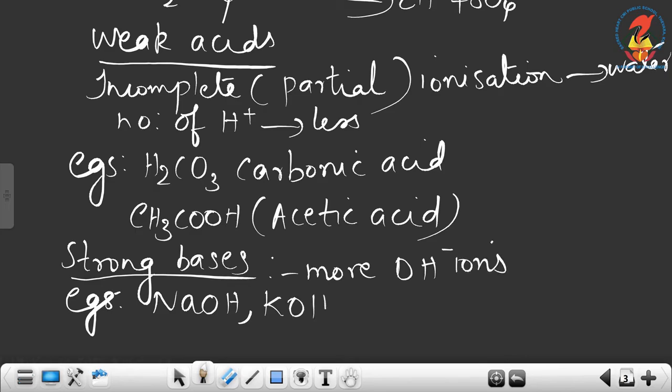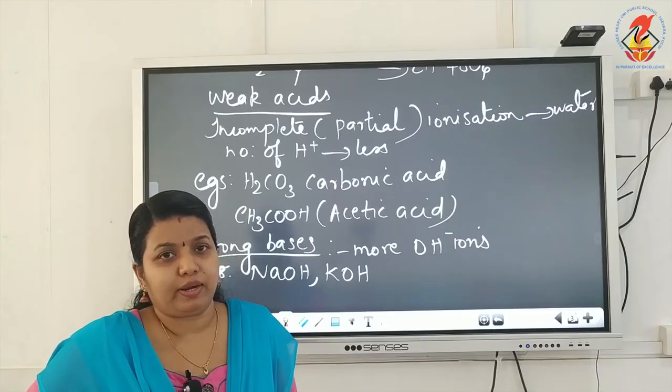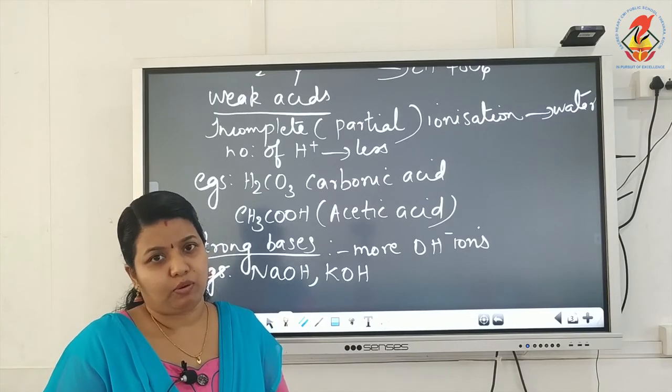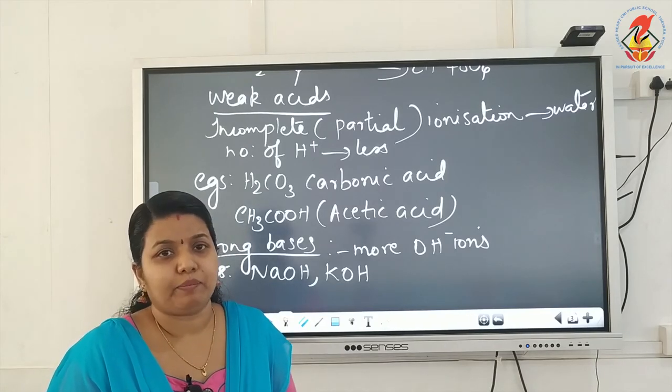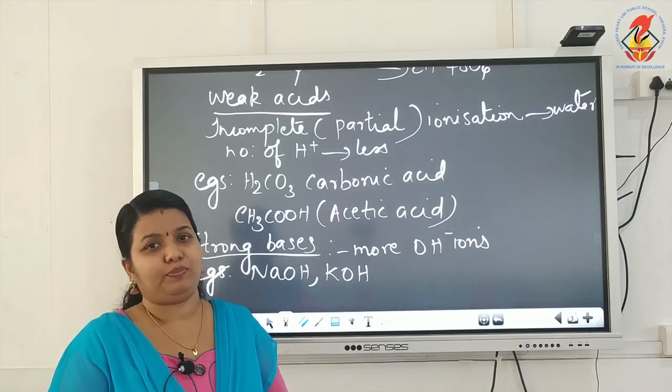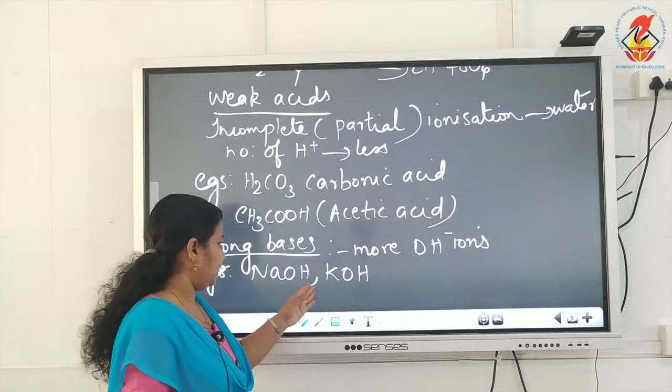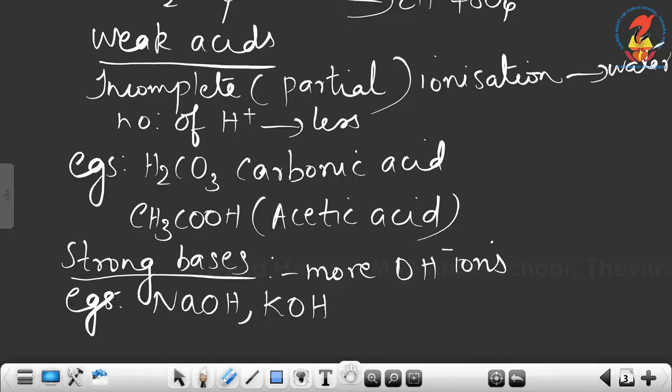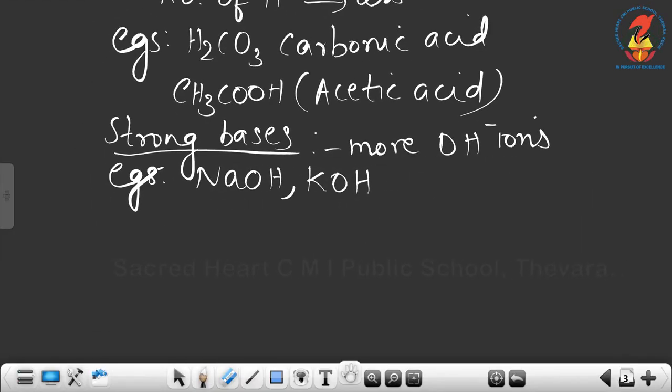Examples are potassium hydroxide, sodium hydroxide, etc. So bases which undergo complete ionization when dissolved in water are known as strong bases. They produce more number of hydroxide ions, OH minus ions in presence of water. Examples are potassium hydroxide and sodium hydroxide.